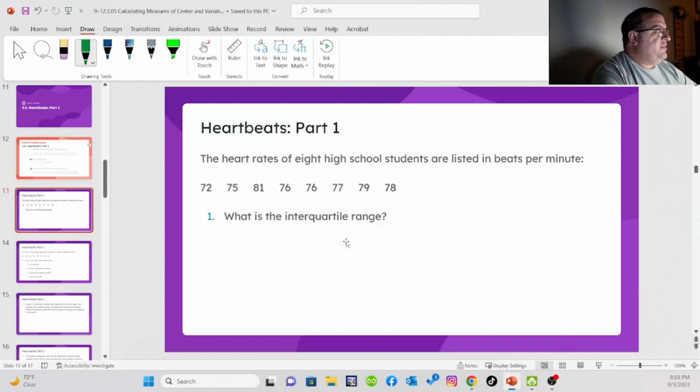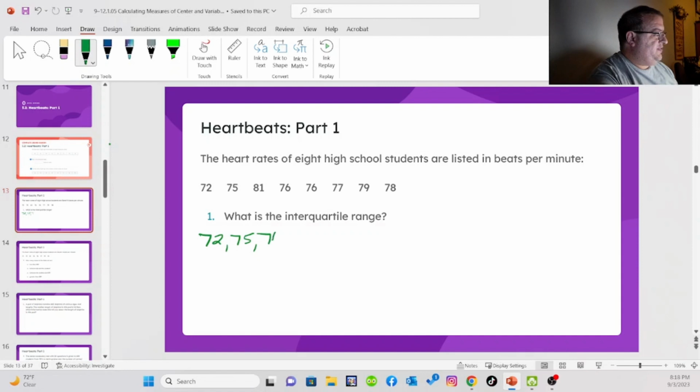So the very first thing we always have to do if we're going to talk about the 5-number summary, the median or the interquartile range, is to put them in numerical order from least to greatest. Now the only ones that we need to change, 72 is correct, then 75.